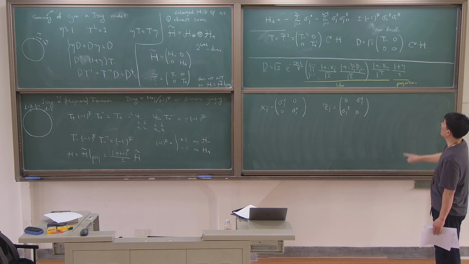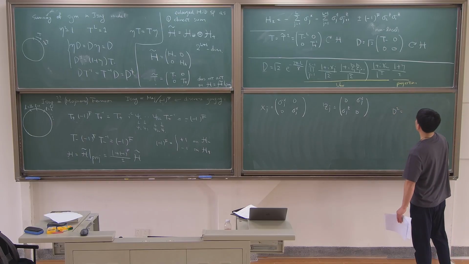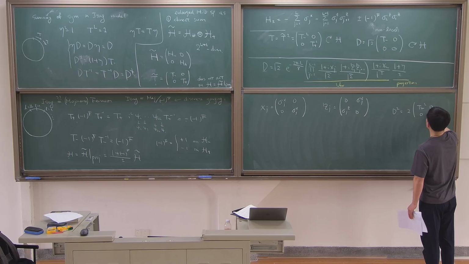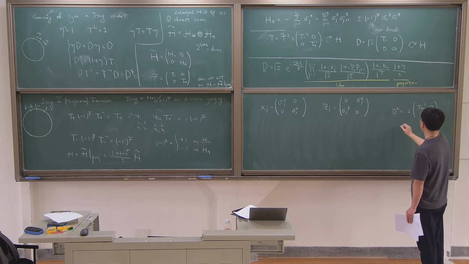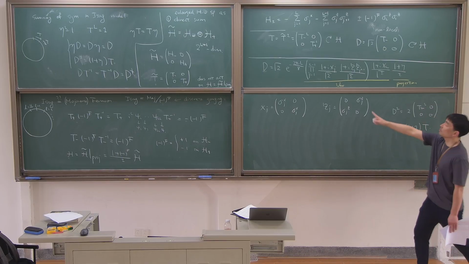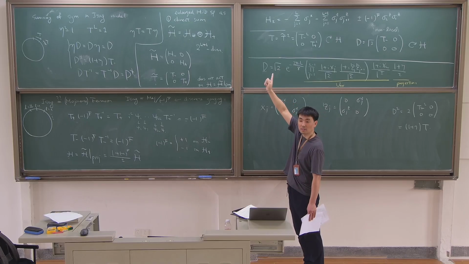And from there, if you do D square, what you get is essentially 2 times T minus square, 0, 0, 0. And this is exactly equal to 1 plus A times T, where T is given here.